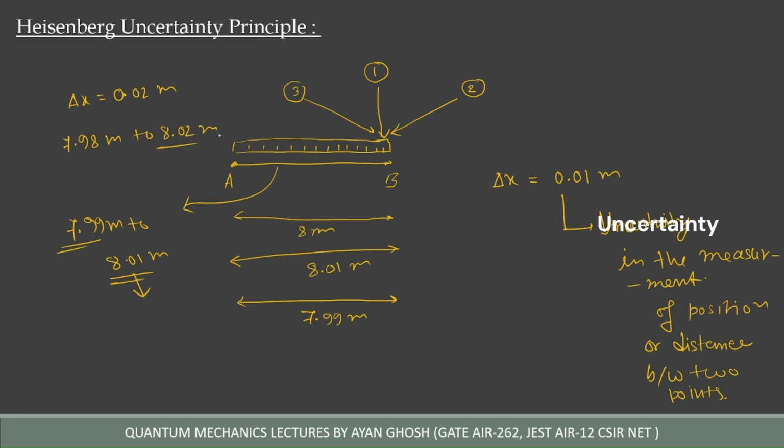It cannot exceed 8.02 meter and cannot be lower than 7.98 meter. This is the concept of uncertainty in position. Although it's an analogical example, you can think in this way. So now let us go to the Heisenberg uncertainty.